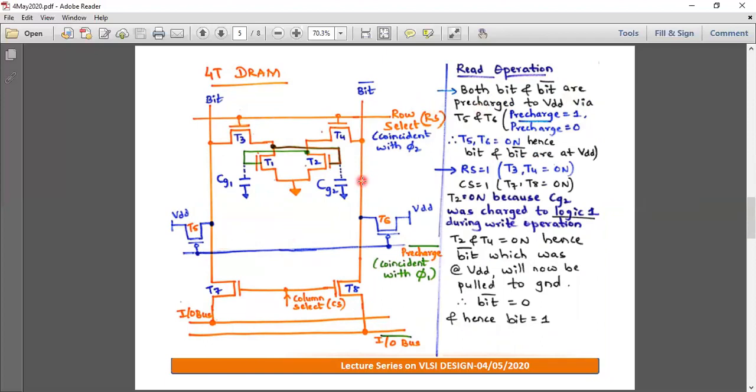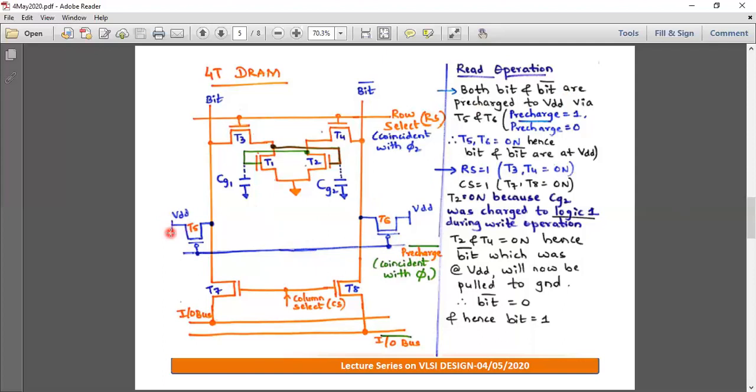Again, before reading the data from the memory cell, both bit and bit bar lines should be charged to VDD. How are we going to charge it to VDD? Via T5 and T6 transistors. If pre-charge is at logic 1, so 1 bar is 0. 0 is fed to the gate of T5 and T6 transistors, so both T5 and T6 are on.